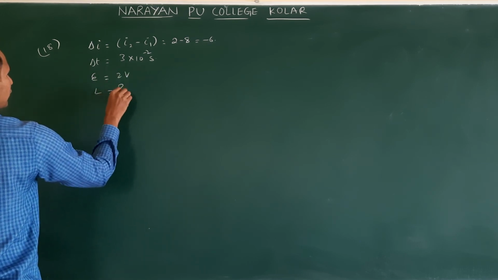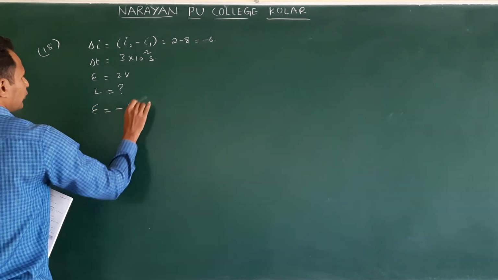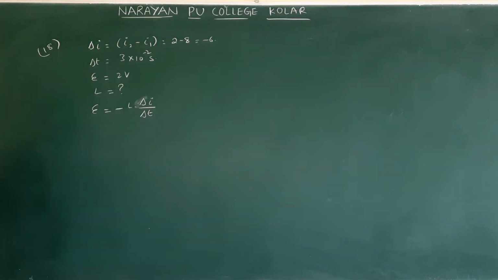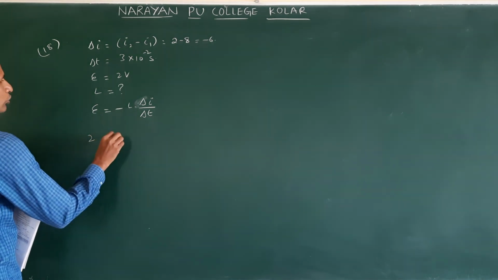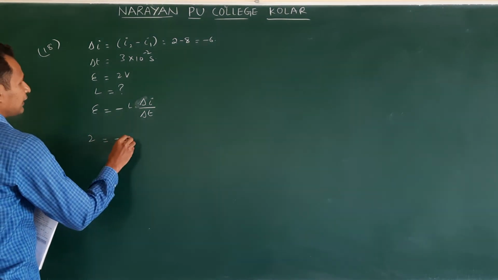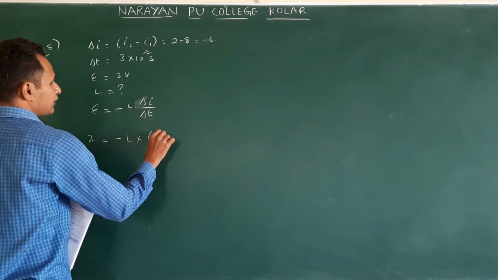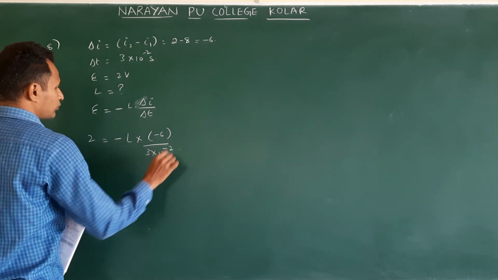Asking L. What is the formula? E is equal to minus L delta I by delta T. So E is 2, L they are asking, keep it L as it is. Delta I minus 6, delta T 3 into 10 power minus 2.